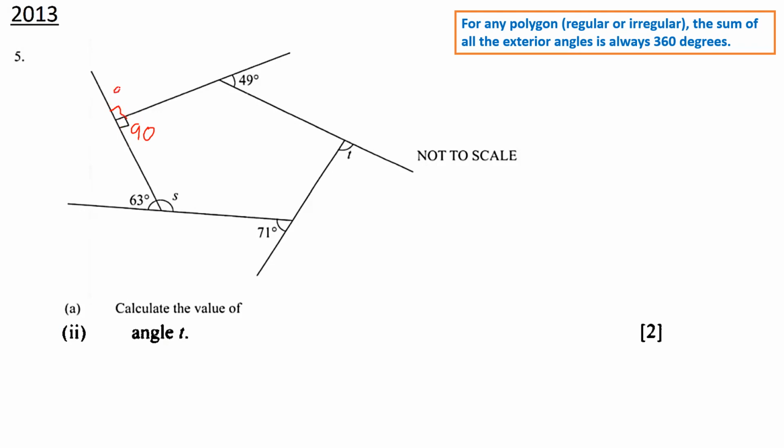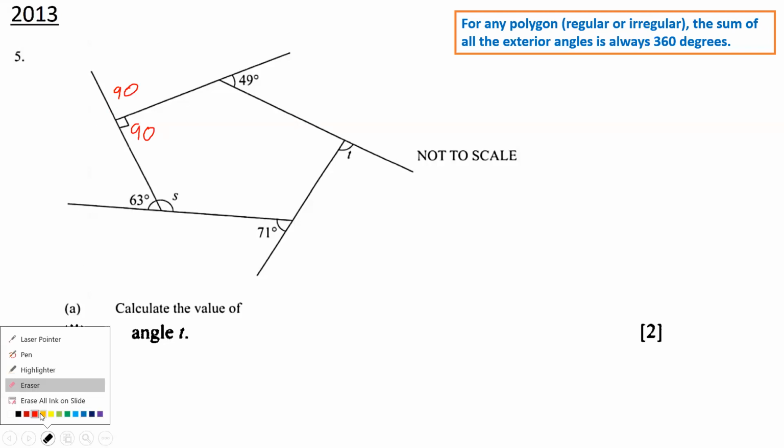What I meant to draw is an actual box, so let me try my hand again at drawing the box. Okay, so this is 90. This angle right there is 90, and this angle right there is also 90.